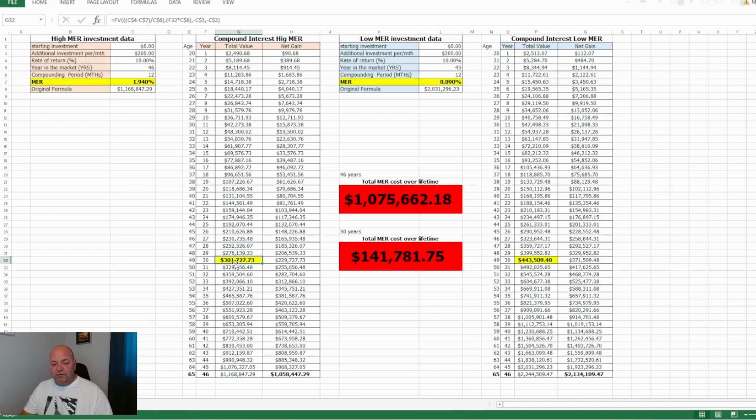It's a difference of you having $300,000 or $440,000 in your portfolio. To me, that's a significant difference. Like the power of that money compounding over time is what you're losing out on. So having low MERs is very important, and it's a very important thing to look at over time.